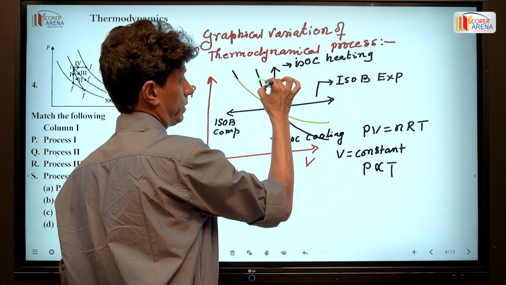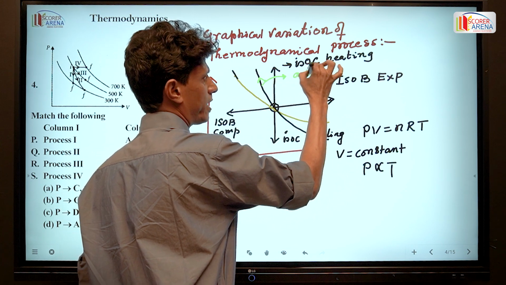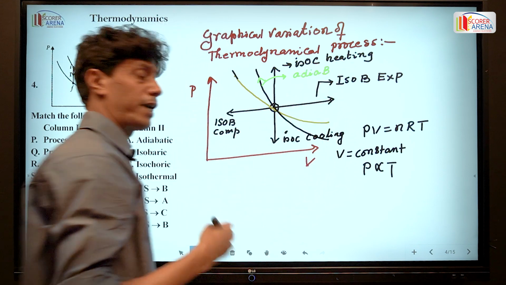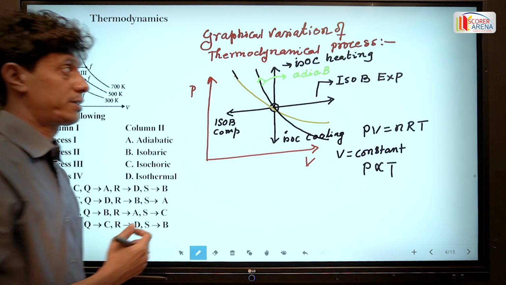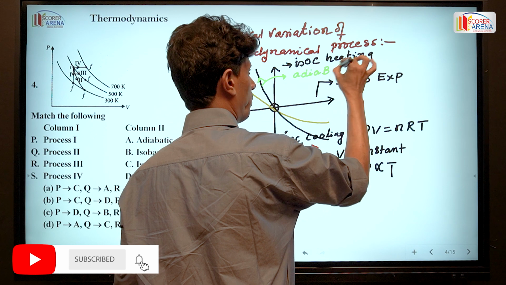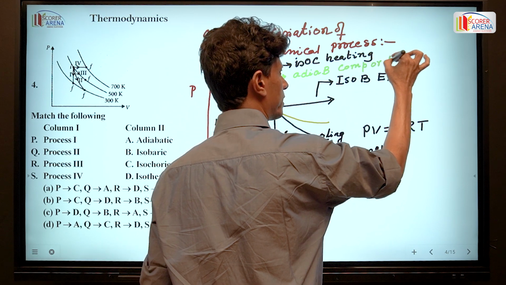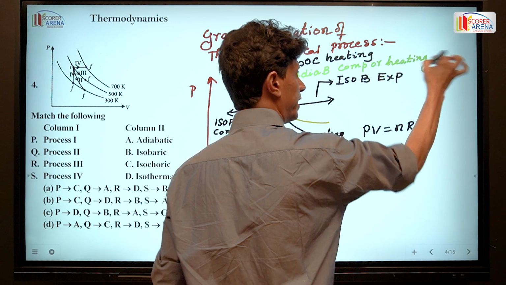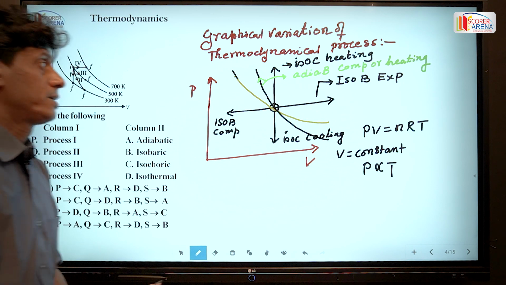This graph is actually adiabatic. Adiabatic stands for adiabatic process. Adiabatic compression, or you can say heating.